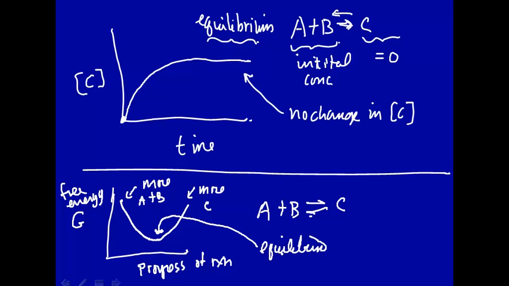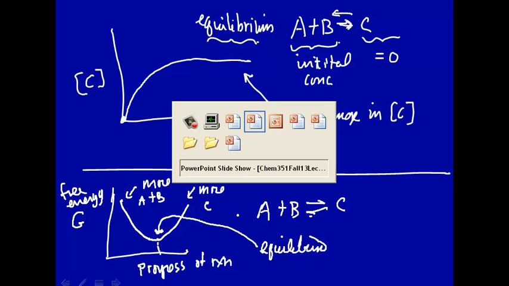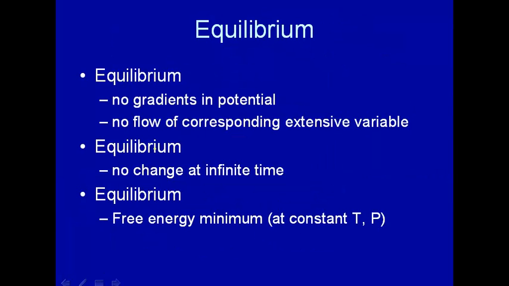So that's another definition of equilibrium. Free energy is at a minimum. That's at equilibrium. So that particular ratio of concentrations equal to the equilibrium constant will be the concentrations at which the system is at equilibrium. All right, so you probably remember these from Intro Chem.